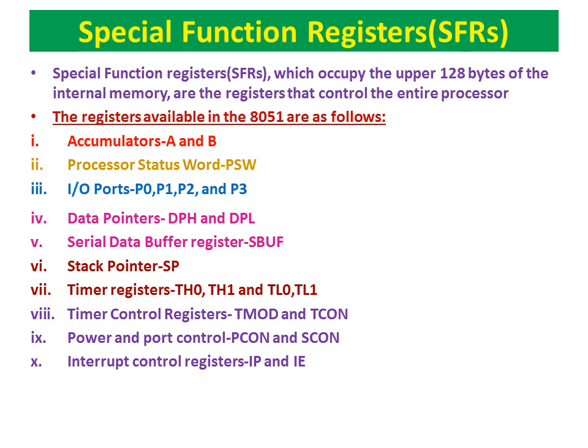Now check: the accumulator ACC and B register, to access data through these registers, and the processor status word register, which is an 8-bit register, and the IO ports, 4 ports are there, P0, P1, P2, P3, and the data pointer registers, DPH, data pointer higher order bits, DPL, data pointer lower order bits, and the serial bus buffer register to transmit data serially, and the stack pointer, which is a RAM area to access.